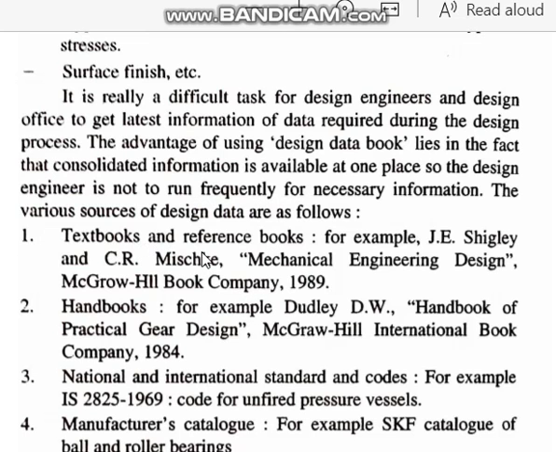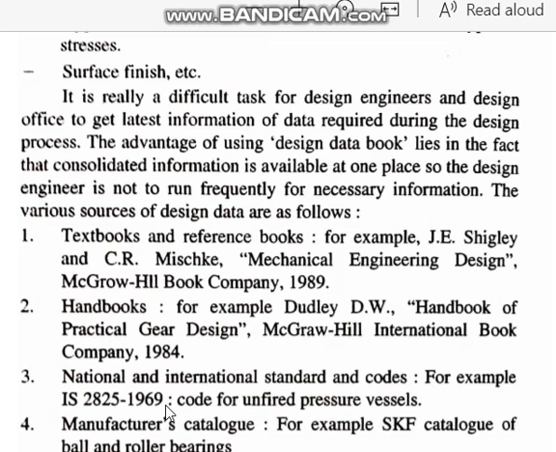In India we have so many resources available, which are used as data books. Examples are Shigley's Mechanical Engineering Design, published by McGraw-Hill, and Dudley's Handbook of Practical Design. And you have IS code IS 2825, published in 1969, which is used for pressure vessels.